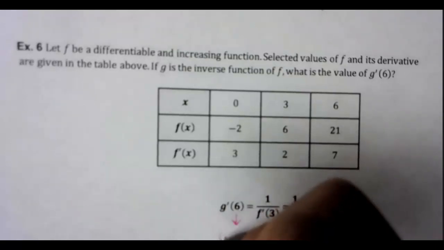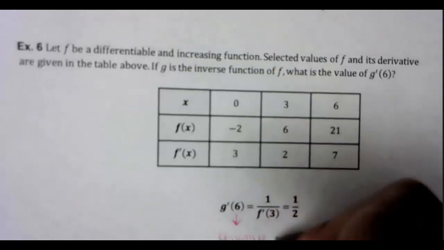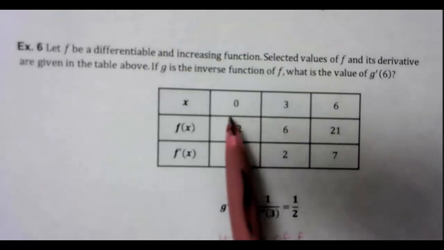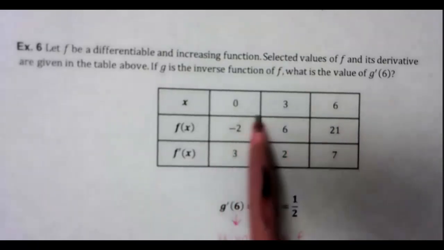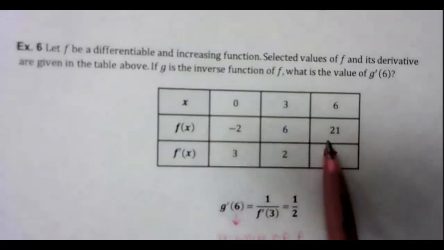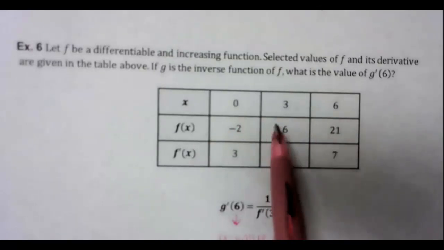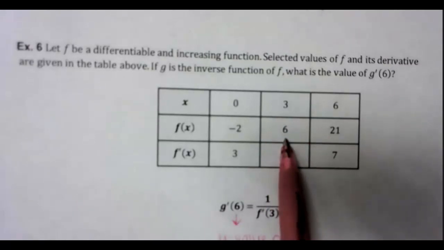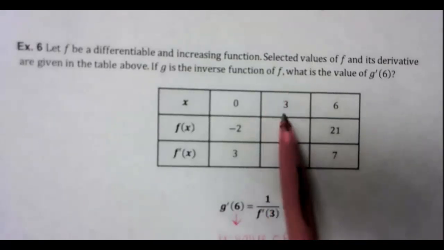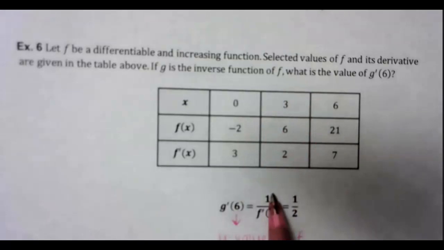So you're looking in this area right here. So here's where f is 6 as its y value. So that means it relates to 3. So that's why you do 1 over f prime of 3.